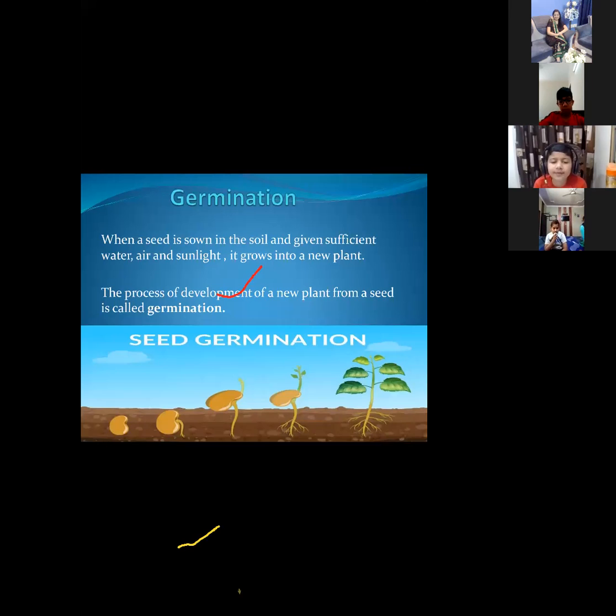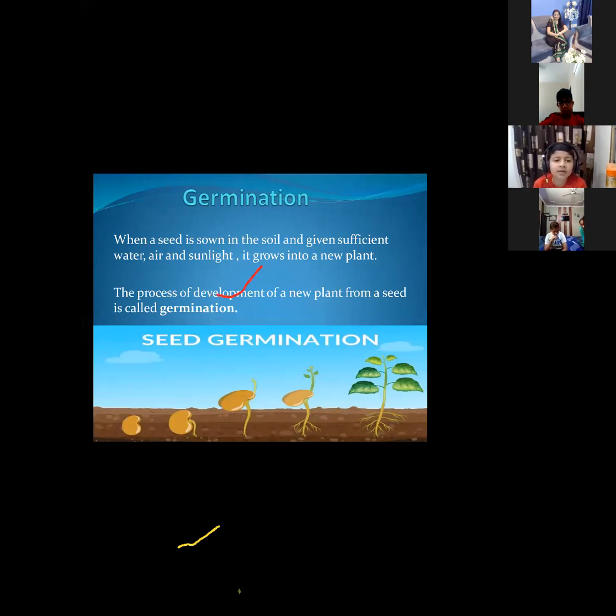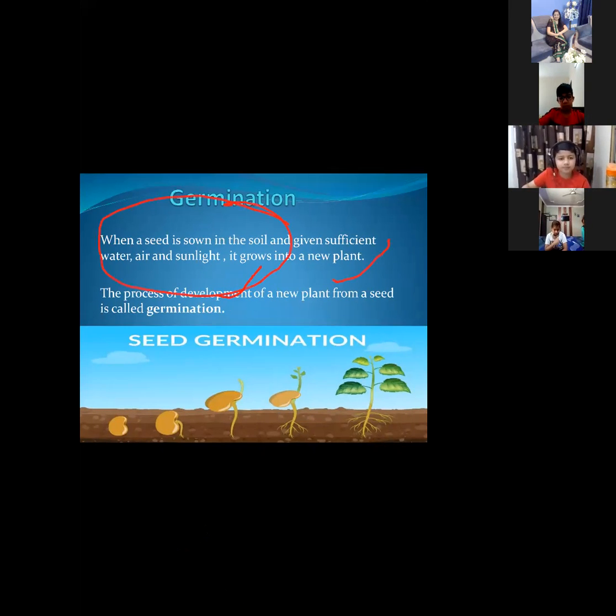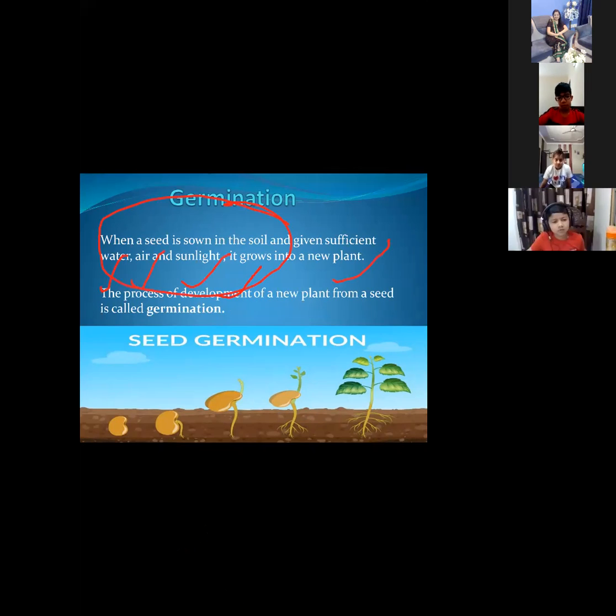And when a seed is sown in the soil, it will give us a new plant when it gets proper water, air, sunlight, and temperature. Then the seed will grow into a new plant, and this process is known as germination.